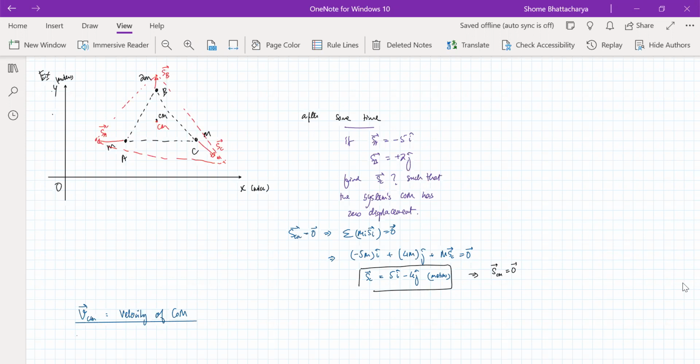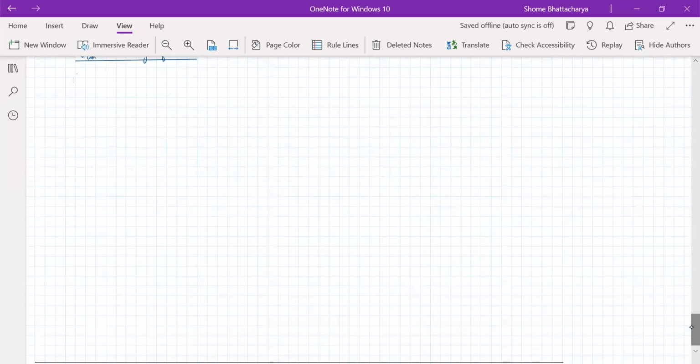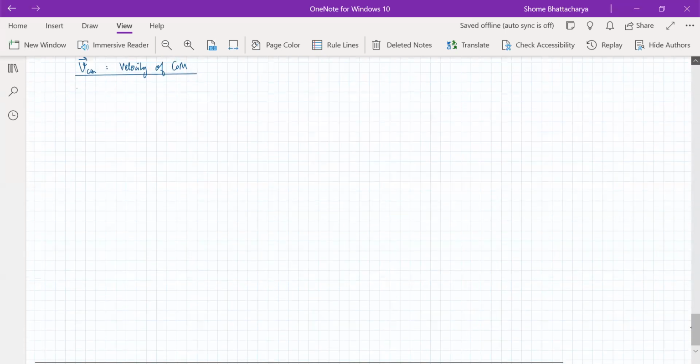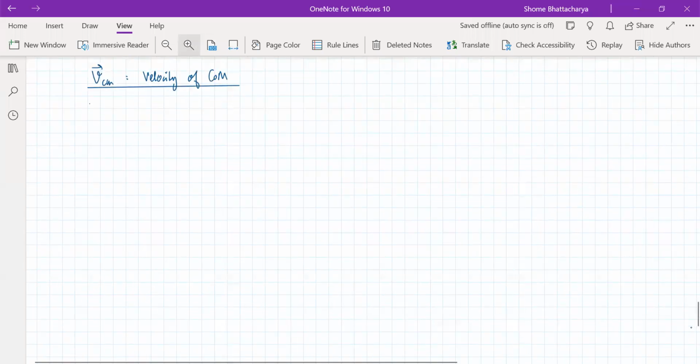Okay. So the definition for velocity of center of mass follows the same logic. Instantaneous velocity of any point, kinematics wise, is defined as rate of change of position, or instantaneous rate of displacement with respect to time.